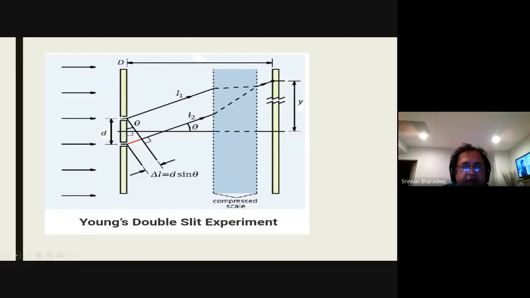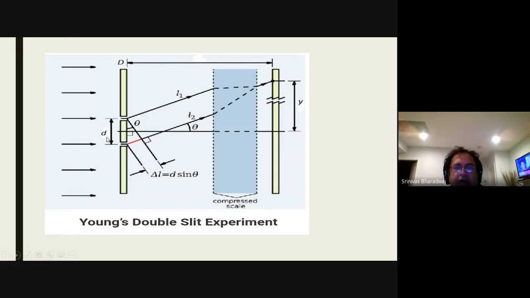Now little d is the distance between the slits. Remember there is a big D, which is the distance between the slit plane and the photodetector. Small d is the distance between the two slits.